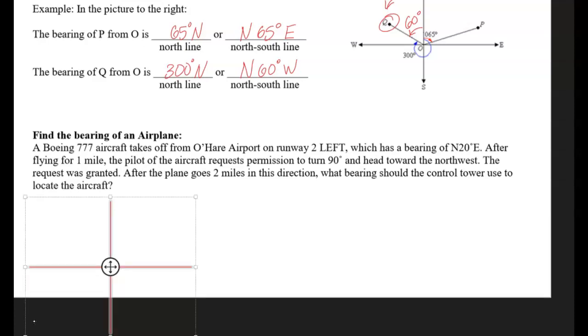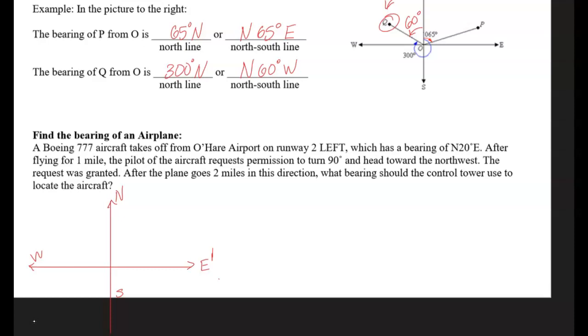Okay. And then we're going to draw exactly what's happening here. So it says that the Boeing left the airport at a bearing of north 20 degrees east. So that means starting from our north line, north, east, south, west.